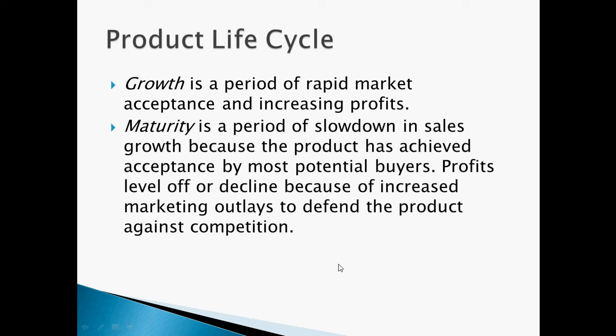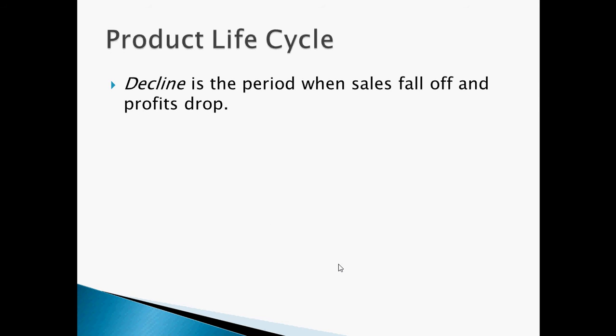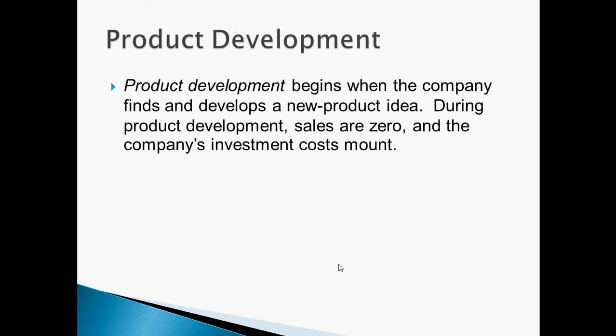Increasing profits. Maturity is a period of slowdown in sales growth because the product has achieved acceptance by most potential buyers. Profits level off or decline because of increased marketing outlays to defend the product against competition. Decline is a period when sales fall off and profits drop.